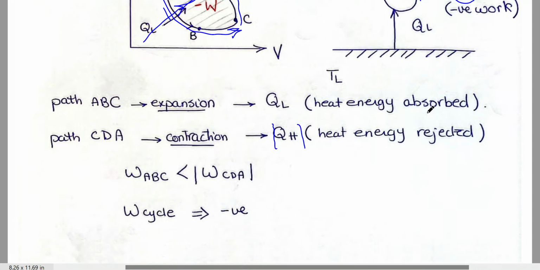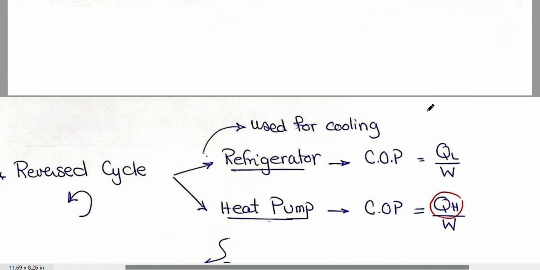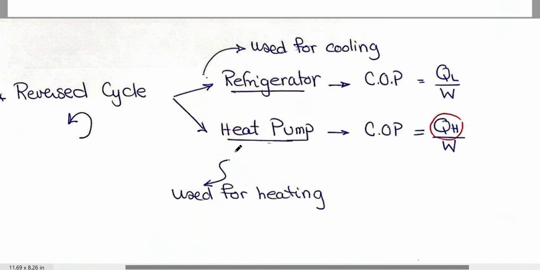When dealing with the heat pump, what is useful for me is the QH. So the reverse cycle, if you are using it as a heat pump, its COP will be QH over W. But if you are using it as a refrigerator for cooling, you are using QL over W.